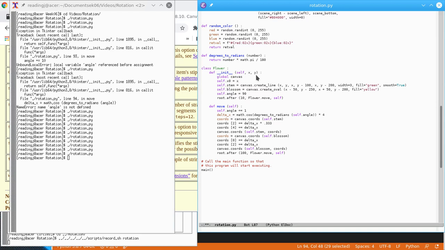I do need to retrieve the coordinates, but I'm going to say coordinate sub 2 equals self.x0 plus delta x times 0.33, and chords x equals self.x0 plus delta x.